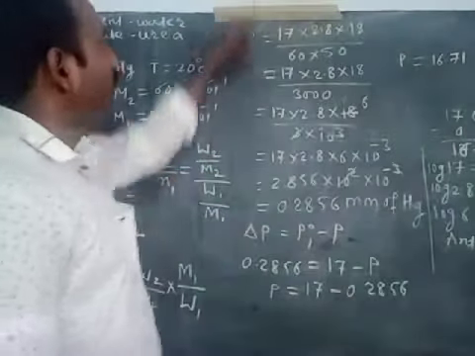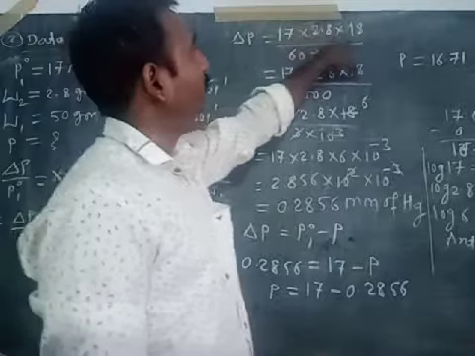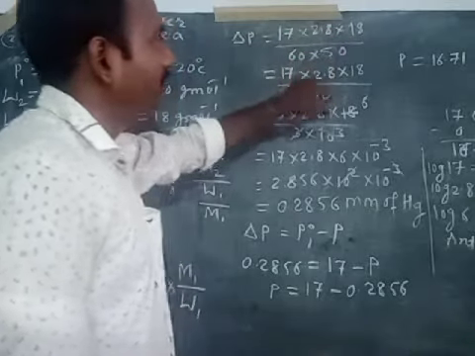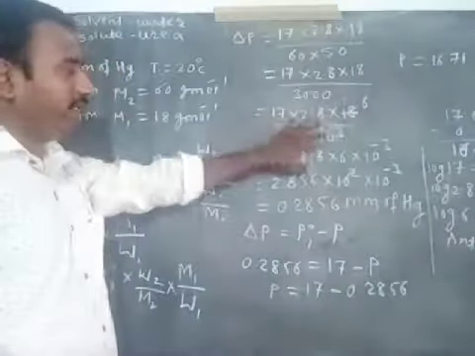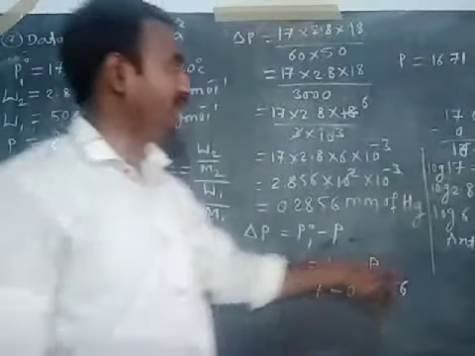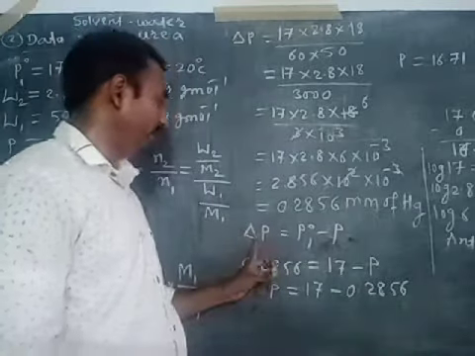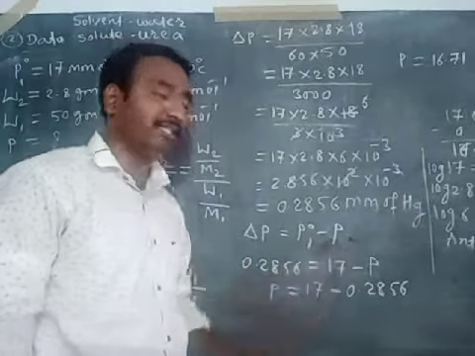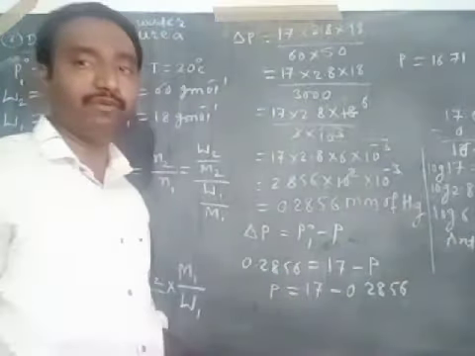By putting the values, 17 into 2.8 into 18, upon 60 into 50, we get the final calculation as 0.2856 mm of Hg using logarithm. But delta P is equal to P01 minus P according to the definition of lowering of vapor pressure.